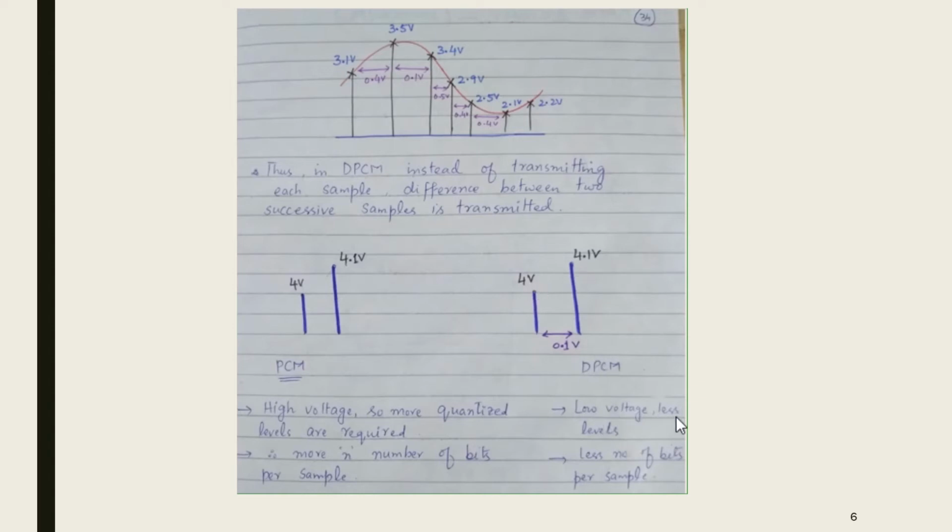Low voltage means fewer quantization levels are required, so L is less, N will also be less, and fewer bits per sample will be required. In this way we are assigning fewer bits for DPCM as compared to PCM, where a large number of bits are required for each sample. So transmitting the difference between two samples is more beneficial than transmitting all samples, which have high voltage and require large numbers of bits.